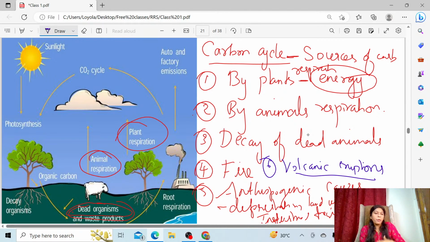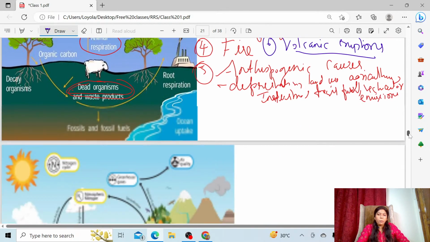Again, it is trapped by plants for preparing food. Again, it is used or stored in the oceans as carbon stocks. This way the carbon is taken back. This is the way that carbon circulates in the atmosphere. So this is the first cycle, carbon cycle.